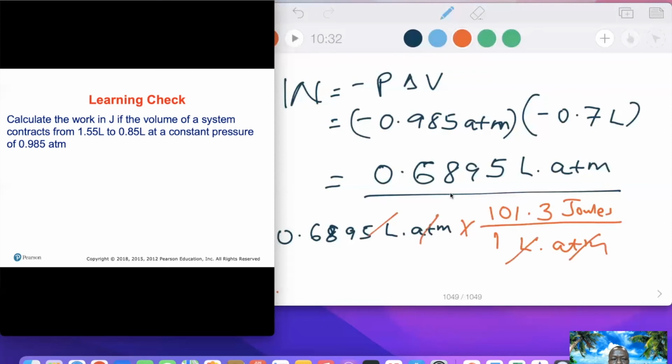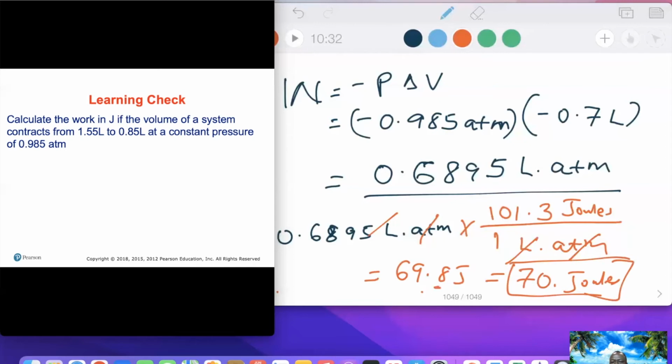You see how I'm changing from liters times atmospheres to joules, and this will be 69.8 joules. If I round up to two significant figures, that's going to be 70, and then you just carry that out. This is joules.